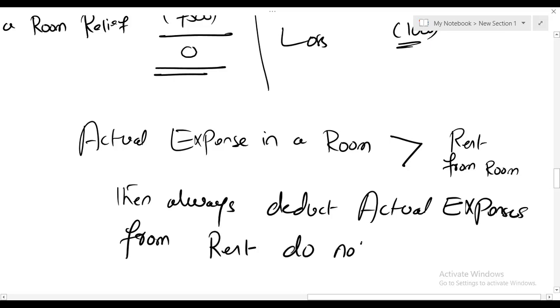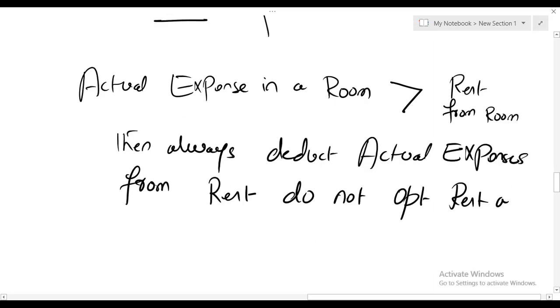Do not opt for rent a room relief. The reason I have given you. The reason is very simple. The reason is relief cannot result in a loss. But if you go for actual expenses and your actual expenses are more than the rent, obviously the result is going to be a loss. And from losses you are going to save tax, no doubt about it.